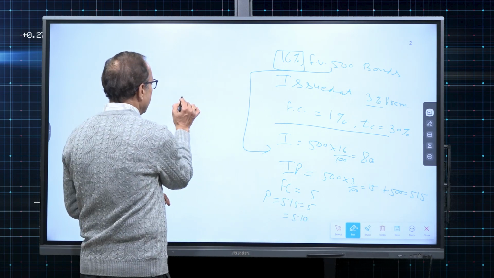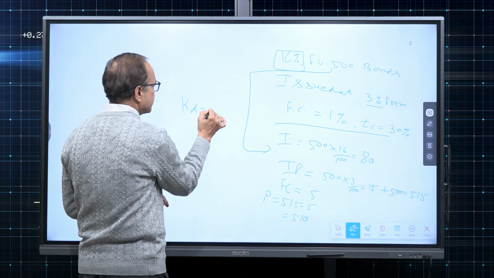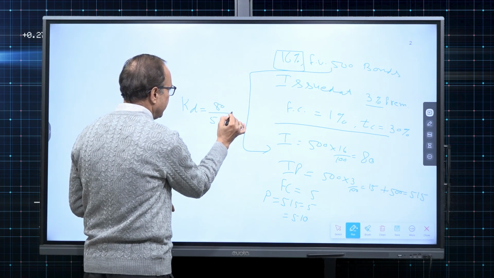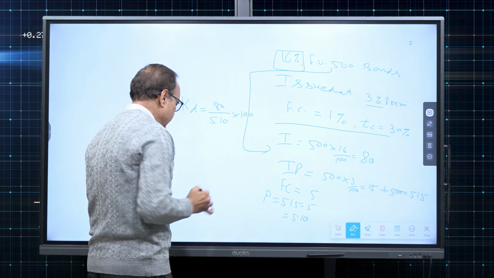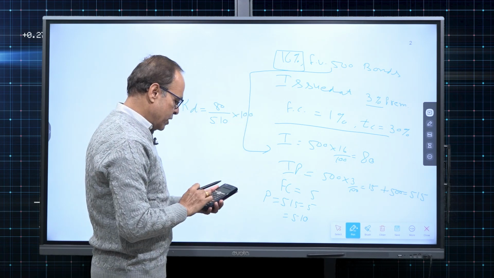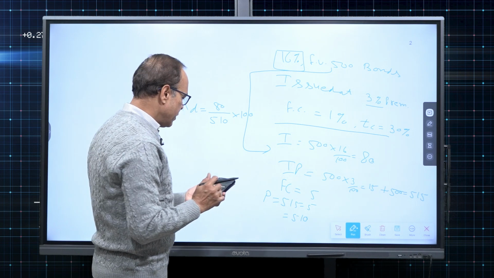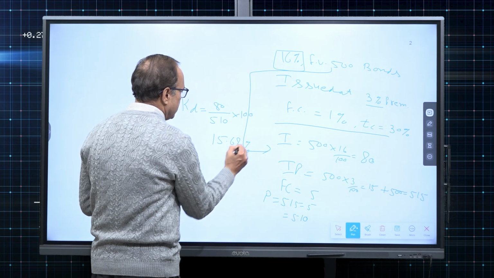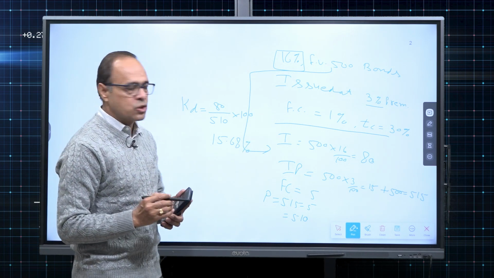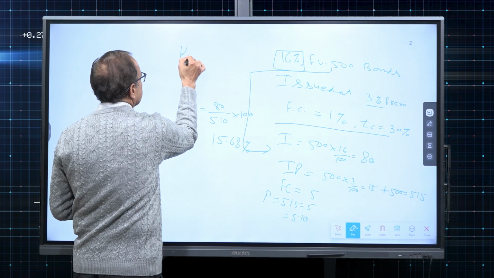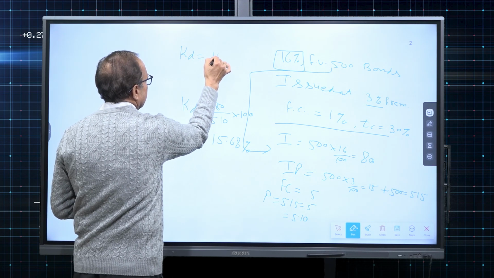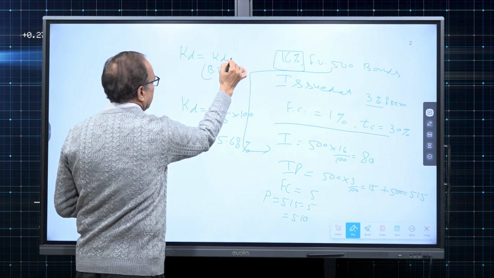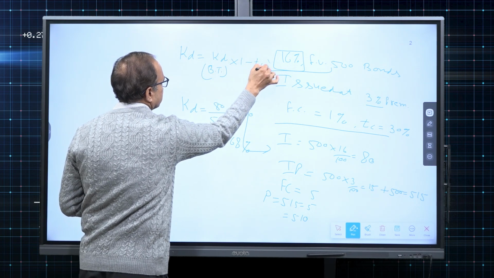Now, we can calculate cost of debt before tax: 80 divided by 510. If you multiply straightaway with 100, you will get the answer in percentage. So, 80 upon 510, we get 15.68%. That is the before tax cost. The same before tax cost can be converted into after tax cost, that is KD before tax multiplied with 1 minus TC.